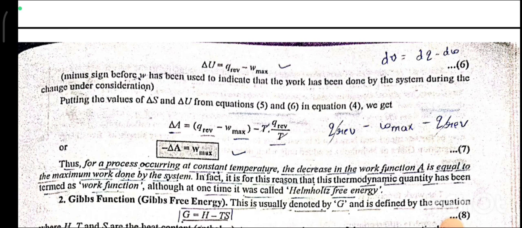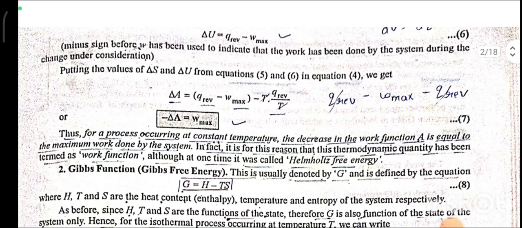The minus sign before W has been used to indicate that the work has been done by the system during the change under consideration. Putting the values of ΔS and ΔU from equations 5 and 6 in equation 4, we get ΔA = Q_rev - W_max - T(Q_rev/T).